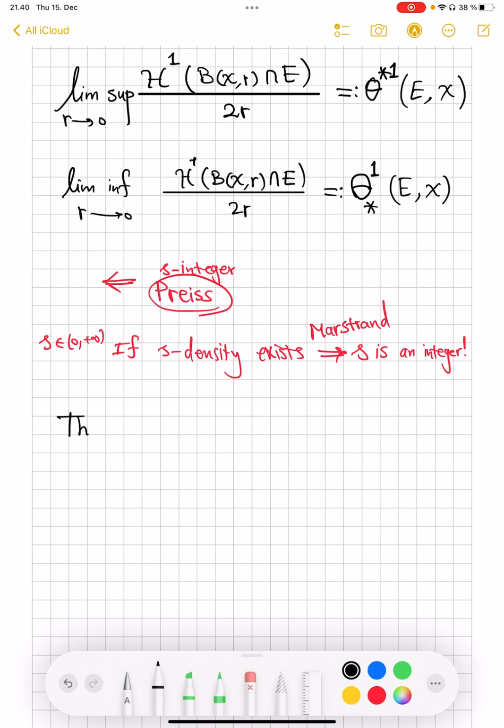The other extreme are what we call purely unrectifiable sets. So you may think, okay, we have some one-dimensional sets that really look like curves. They have all these properties 1, 2, and 3.